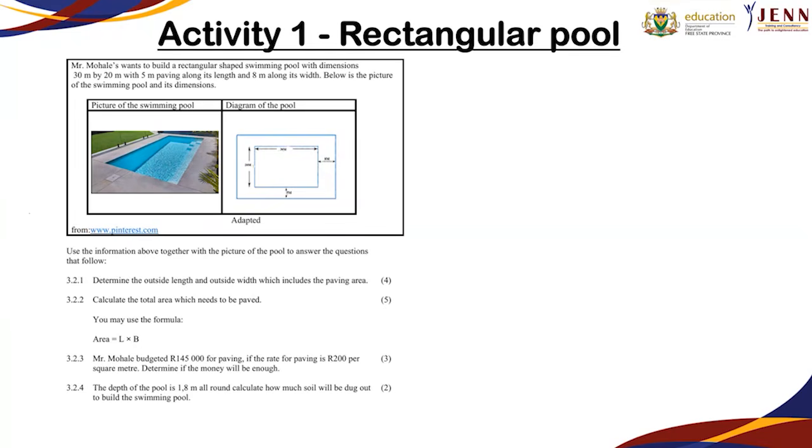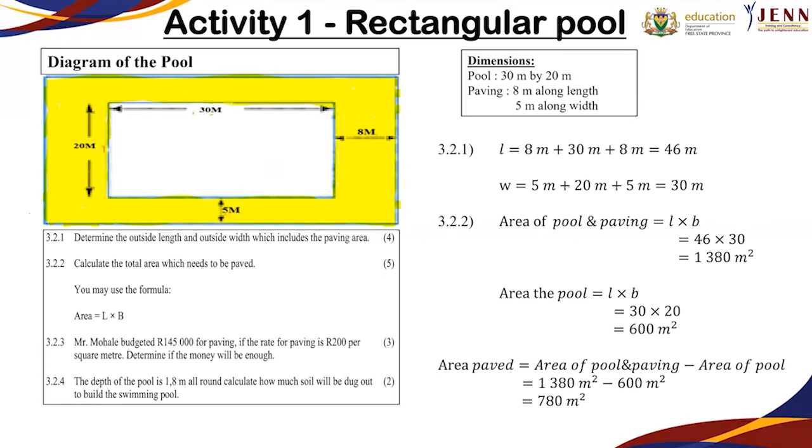So what I did on my next slide, there is the diagram of the pool. They said the dimensions of the pool is 30 meter by 20 meter. And then they said the paving along the swimming pool is 8 meter along the length and 5 meter along the width.